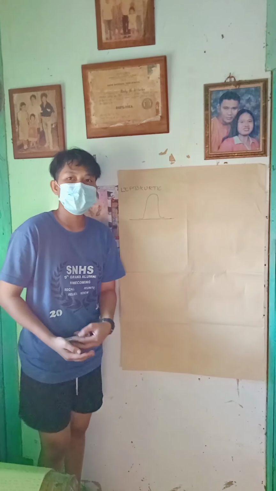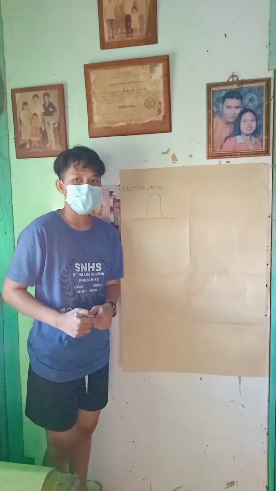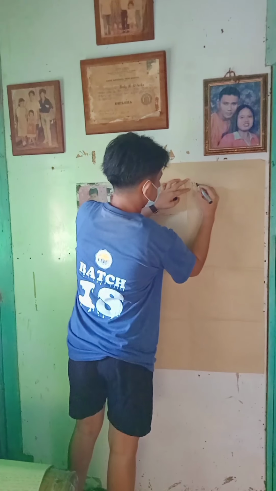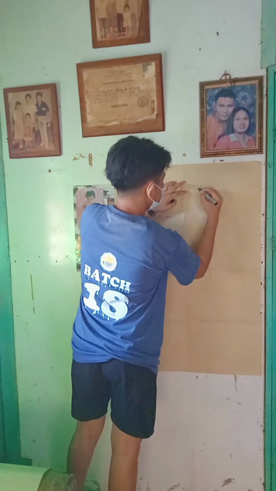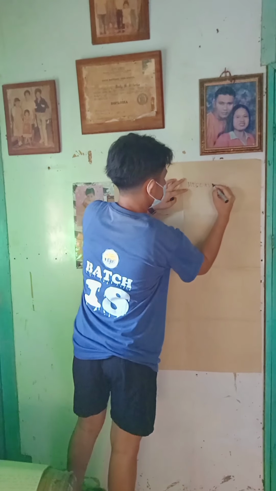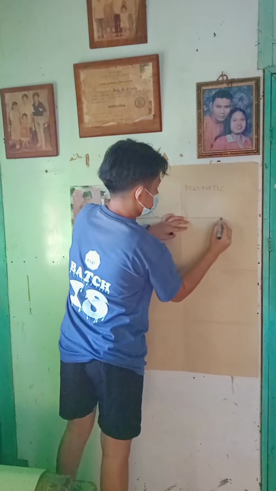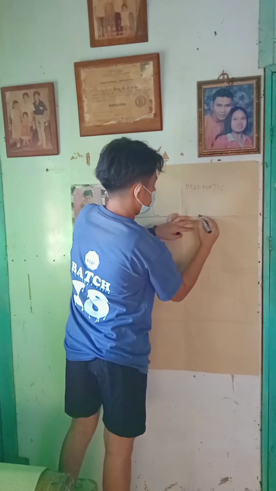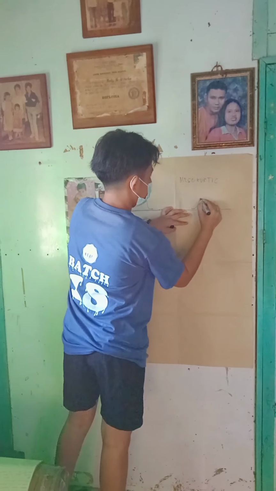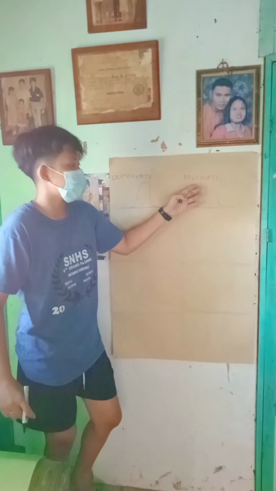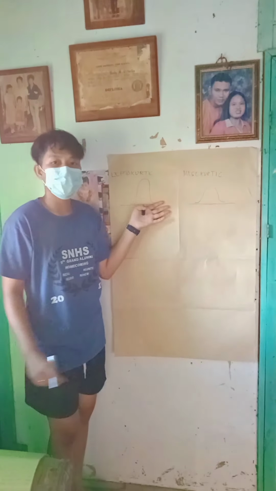The second is the mesokurtic. In terms of their length, mesokurtic is lower than leptokurtic.